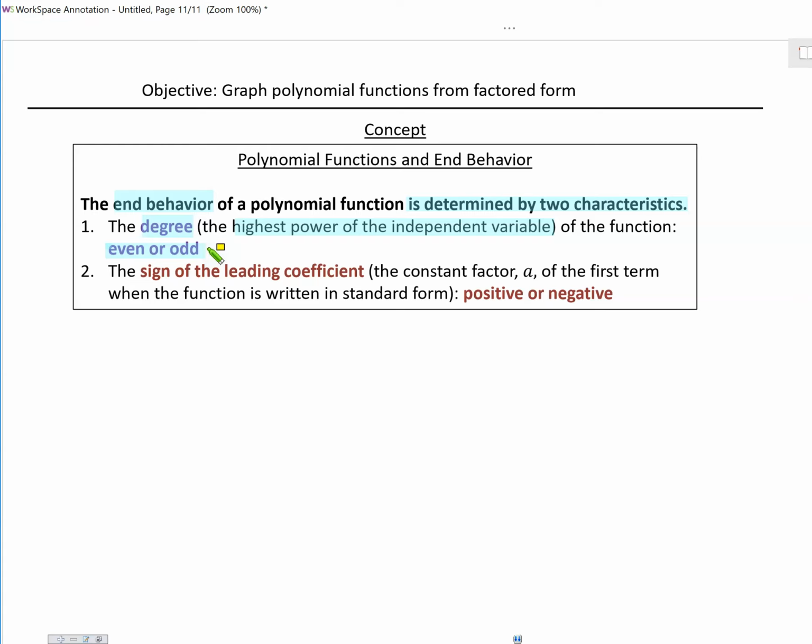The next thing that we need to use is the sign of that first term, its coefficient. The leading coefficient is the multiplying factor on that first term, and we have to know, is it positive or is it negative, because that is going to tell us whether we have an x-axis reflection or we don't. And so let's take a look at what's next.